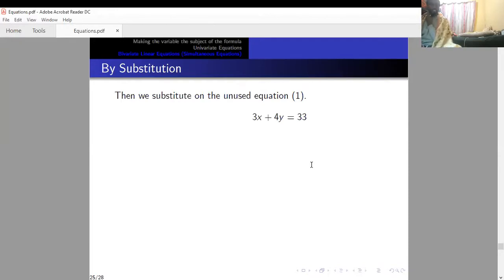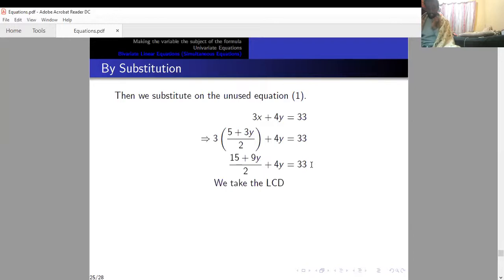So we want to take it to the 1 which has not been used. And then this is 1. We then substitute wherever we see x, because we made x the subject. So wherever we see x, we put in that right-hand side, which is what we did here. And then we take the LCD, and get y equal to 1.